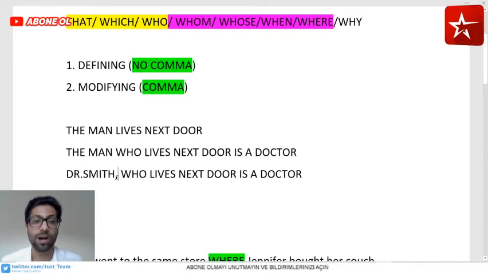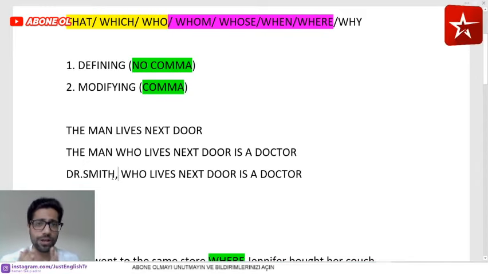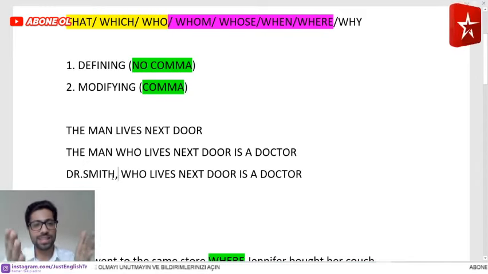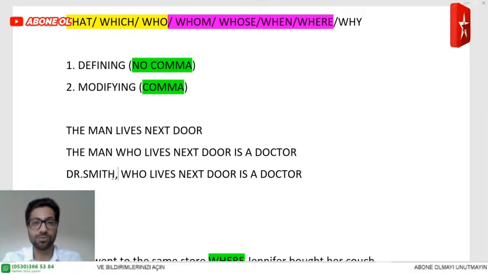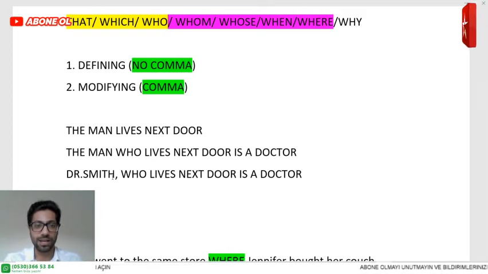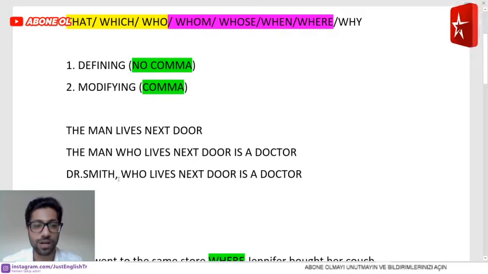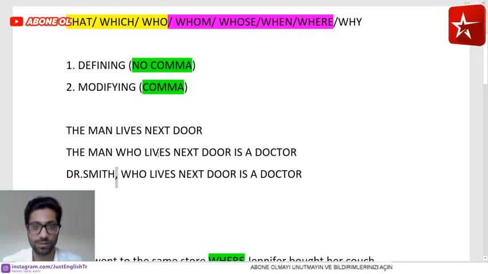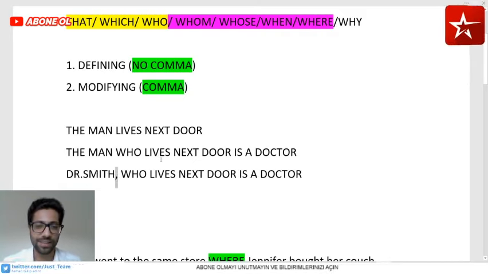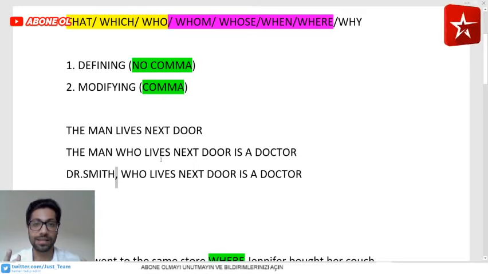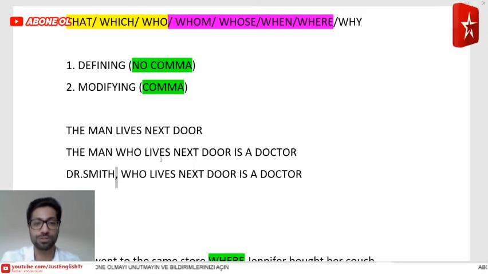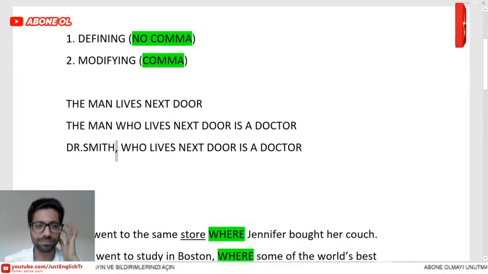So if we are modifying, adding extra information to the sentence that we've got, to the clause that we've got, to the structure that we've got, we leave a comma. We are modifying the information about Dr. Smith. Okay?